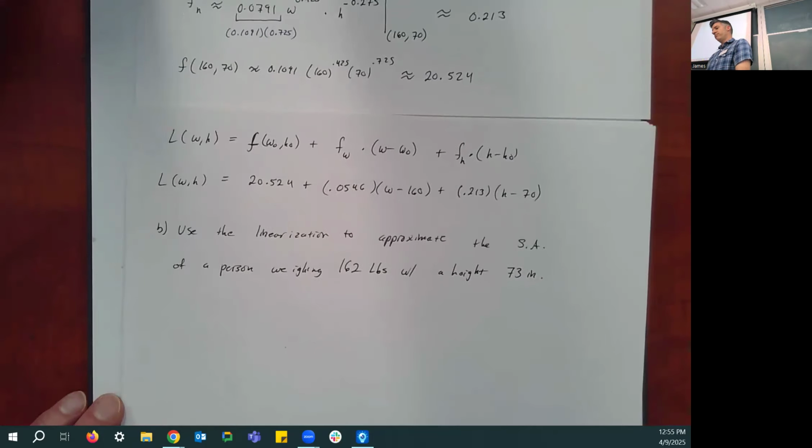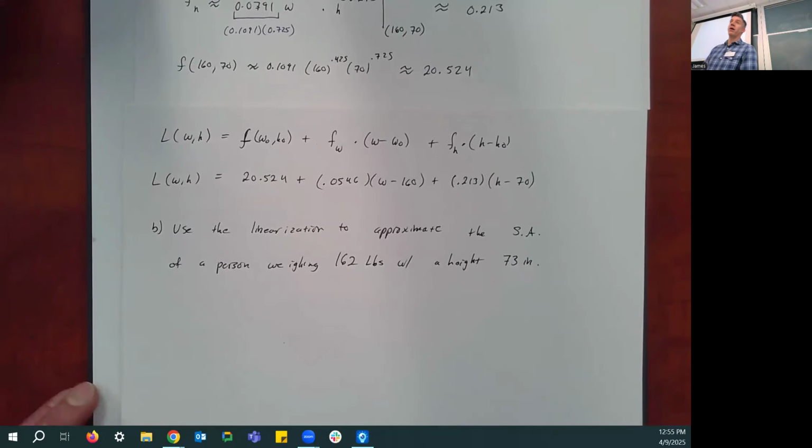Something I'll point out here, the linearization is not any easier to calculate than the original function, right? So this is kind of a counterintuitive example, in my opinion. In the previous examples, we were plugging in nice values and getting out nice values. Here, since we're already going to have to use calculators anyways, it would be better to plug it into the original function. But the point of the question isn't to see that one way is easier than another.